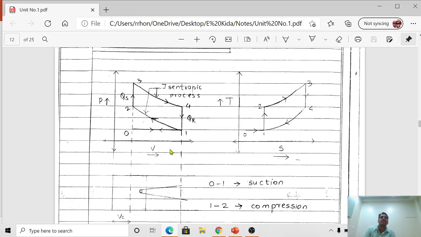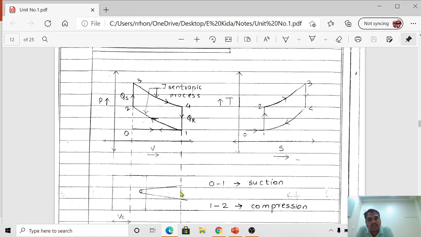As we know, this is the cylinder. Suppose let us consider this external surface, or this particular portion, is a portion of a cylinder, where the piston will reciprocate up and down in between BDC to TDC, TDC to BDC, like that.